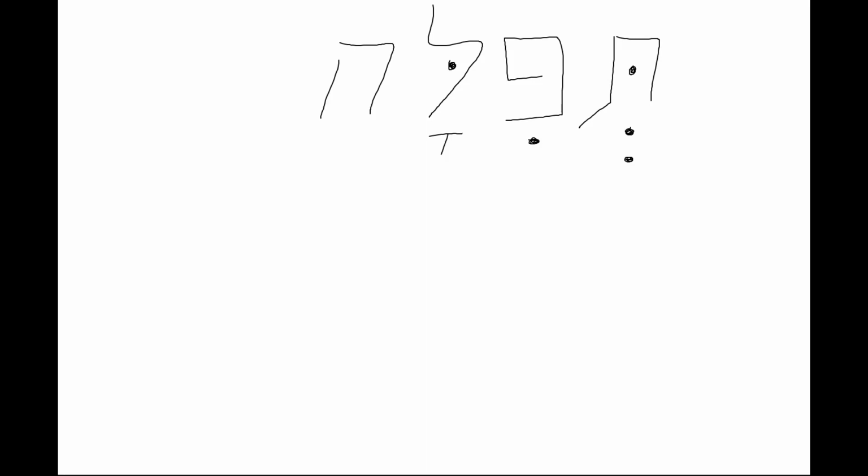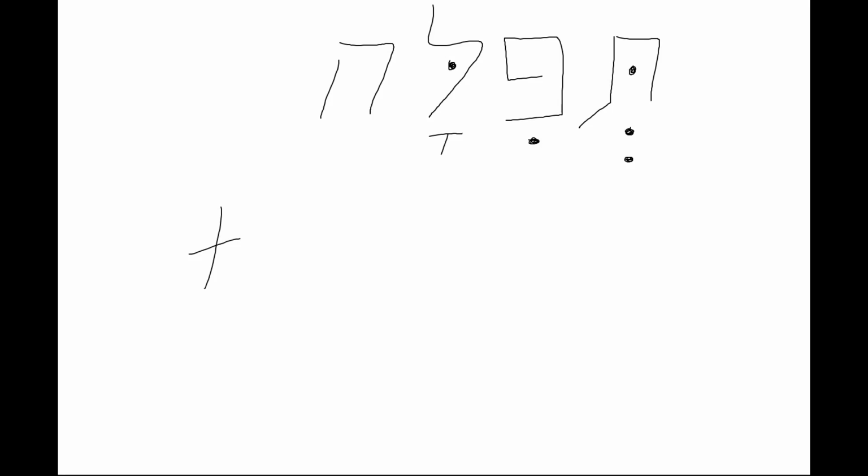All right. So tefillah, the ta, we have the dot inside the ta, and that is a beged kefet consonant. So that dot inside is the dagesh lene, right? So we'll use a T just for now.